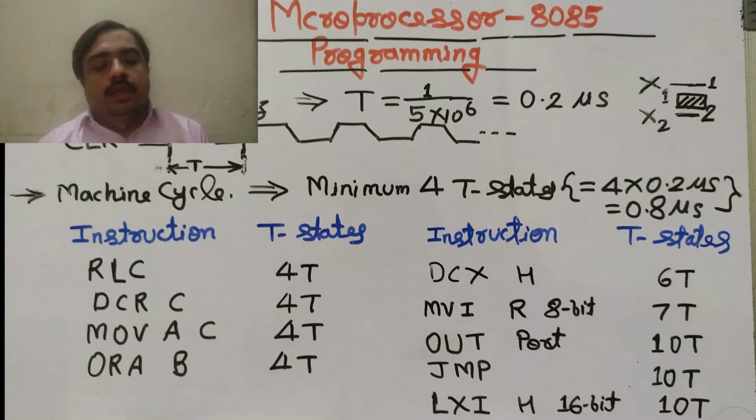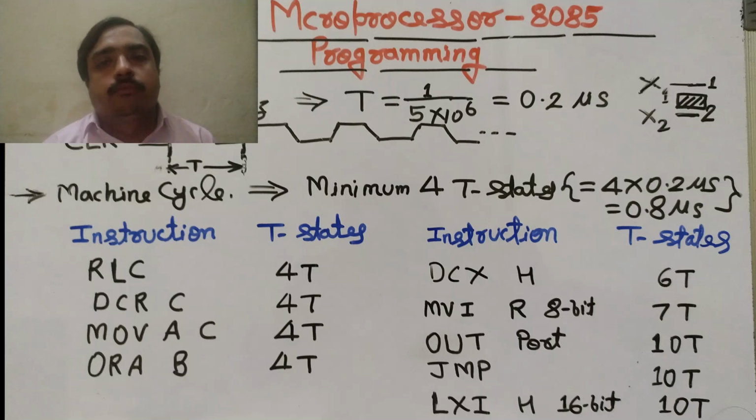Next, MVI is a data transfer instruction, but here I is involved. I means immediate addressing mode is used. Then we need to input the 8-bit data to be transferred. Hence, this instruction requires 7 T states.